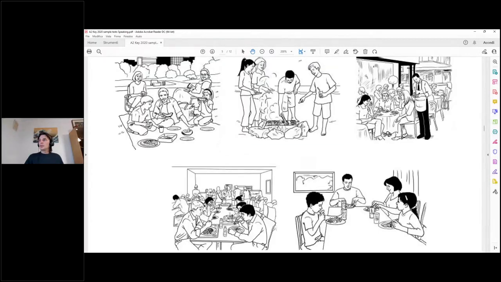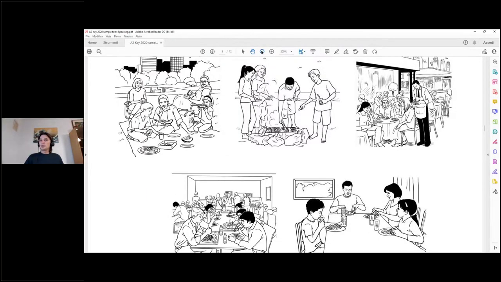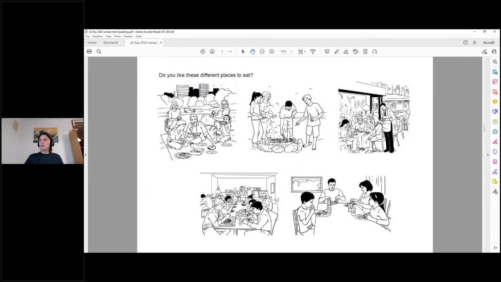So take a look at this picture right here. These are different places to eat. Take a few minutes to look at these pictures. Do you see these different pictures? 1, 2, 3, 4, 5. There are 5 different places to eat. Now, my question is, do you like these different places to eat?